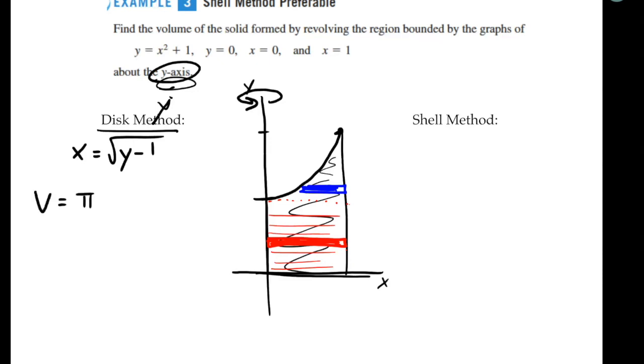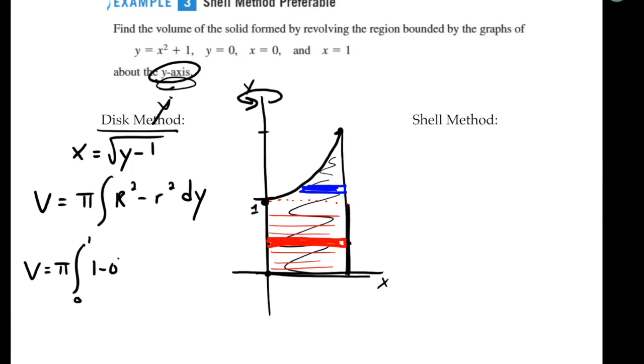Volume is always pi integral of big R squared minus little r squared dy. And since I'm going both of these, the first one would be pi from 0 to 1 of 1, right minus left, so 1 minus 0 squared. And there's no hole to worry about, which is kind of nice.